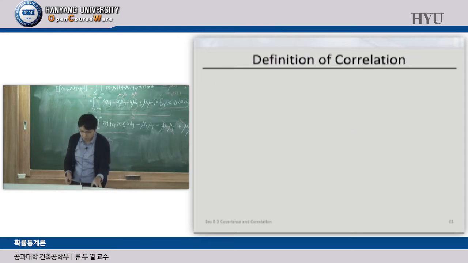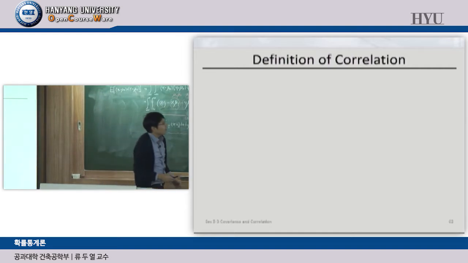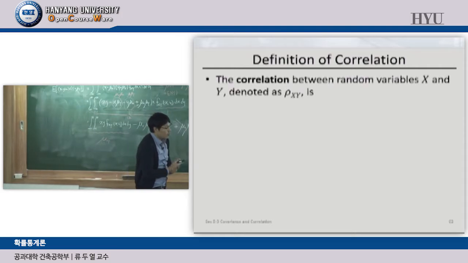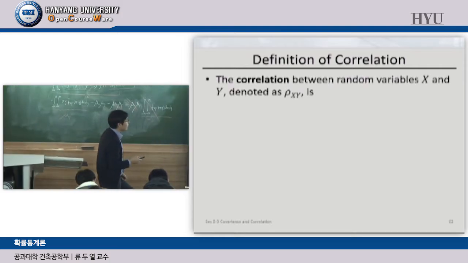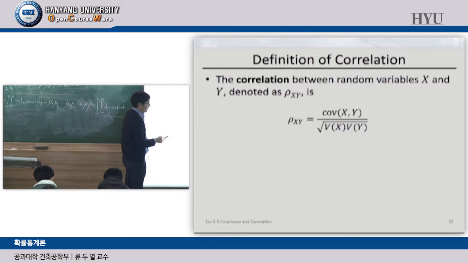And now we are going to learn about the correlation. This is the definition of the correlation. The correlation between random variables x and y is denoted as rho xy. Okay? And rho xy is equal to the covariance of xy over the square root of the marginal variance of x times the marginal variance of y. That is the definition.